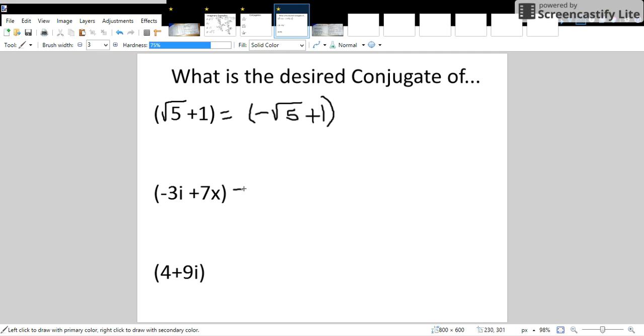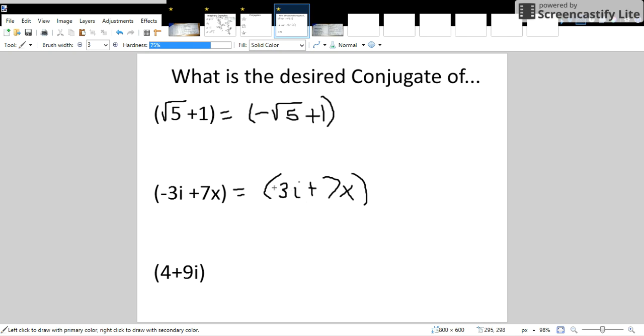So go ahead, pause the video, and see if you can find what the conjugate of this one is. The conjugate of negative 3i plus 7x is 3i plus 7x.